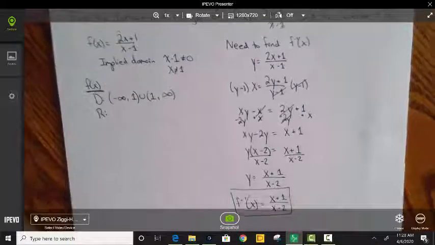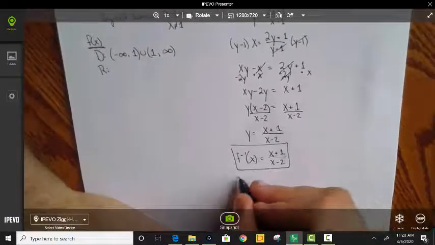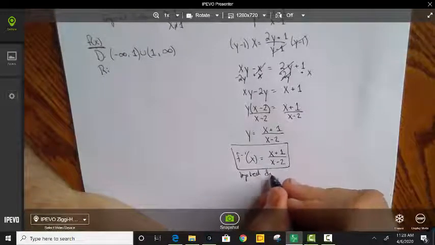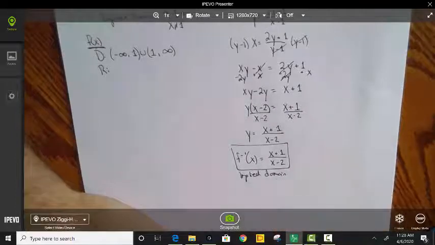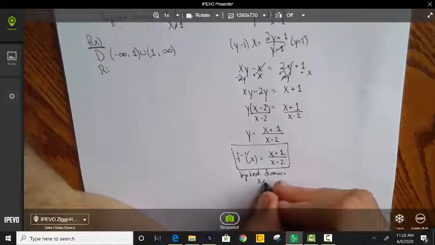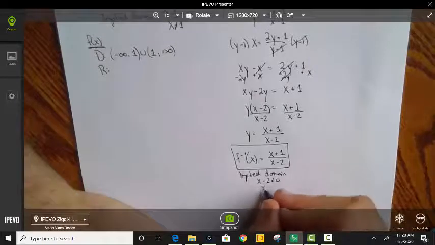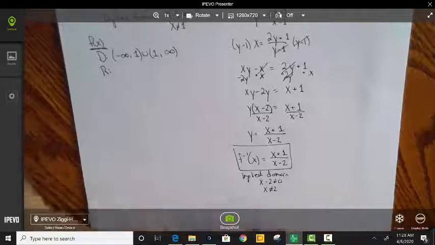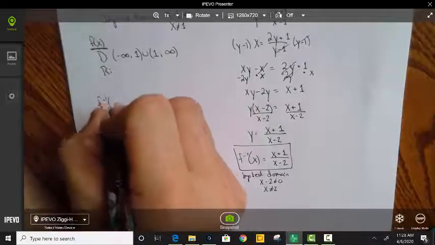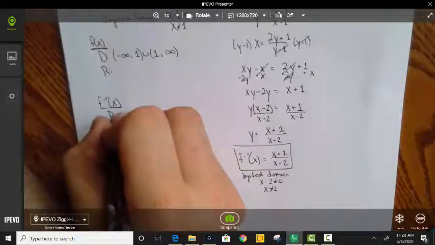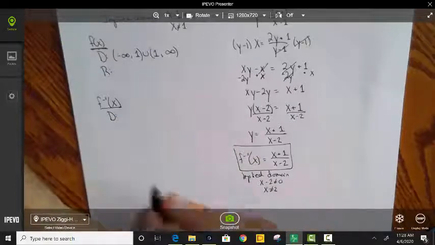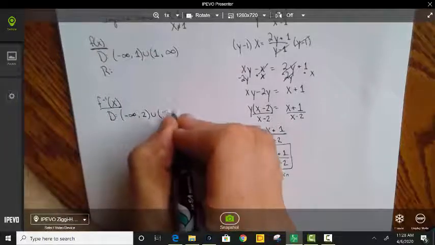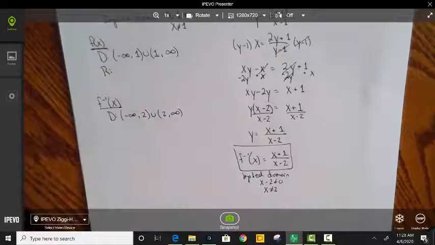And then we can find its implied domain. X minus 2 cannot equal 0, which means x cannot equal 2, so now we know the inverse function's domain is negative infinity to 2 union 2 to infinity.